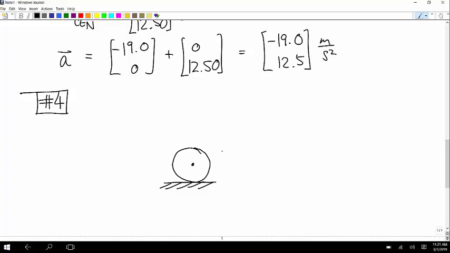So the angular velocity is like this, and it has a magnitude of 8 radians per second. And they accelerate clockwise at 12 radians per second. So is the golf cart speeding up or slowing down? Slowing down, yep. And the radius of the wheel is 0.15 meters.